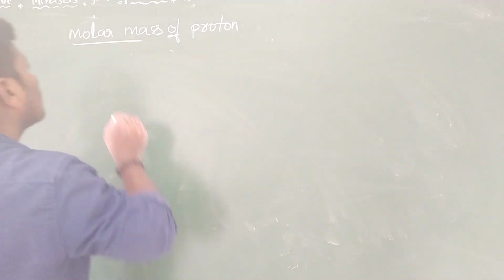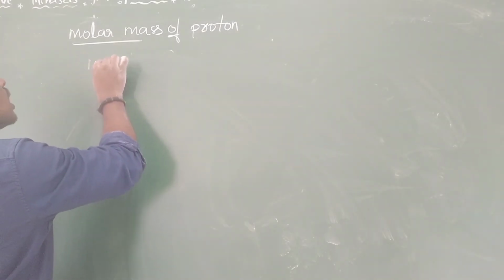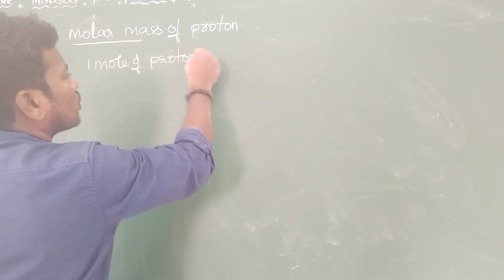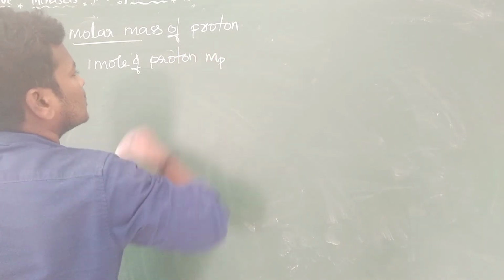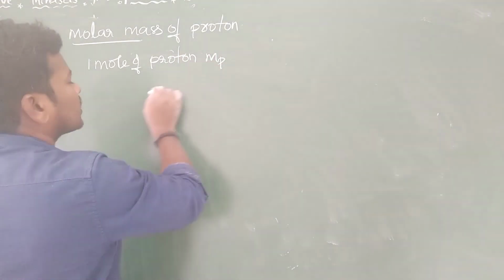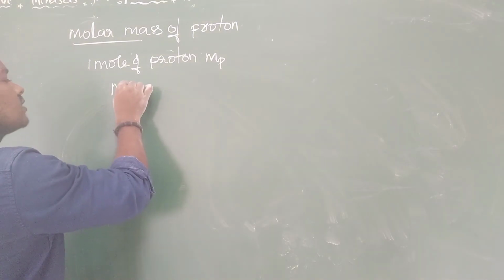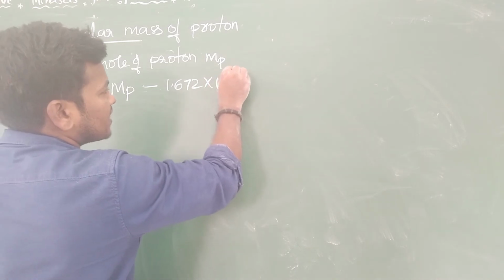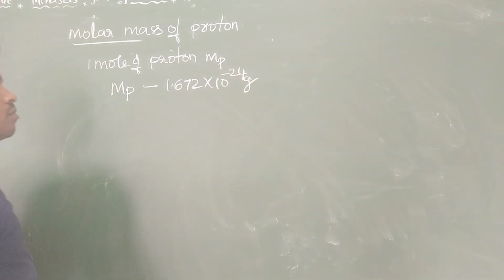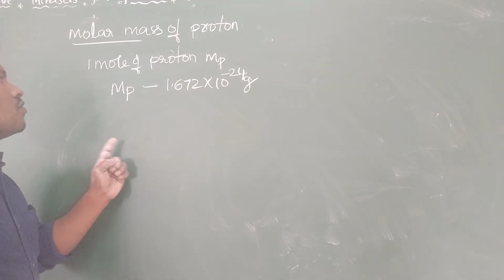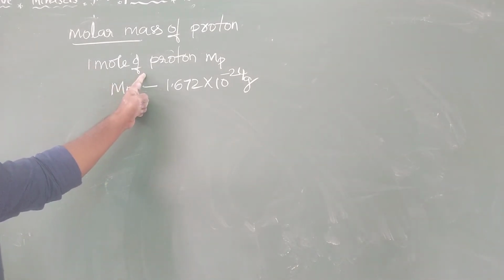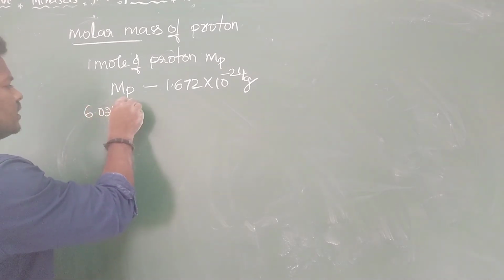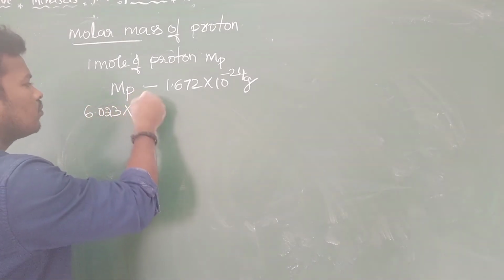Molar mass of the proton. This means what? The proton mass in 1 mole. 1 mole in the sense how many particles? Generally, the mass of a proton is 1.672 into 10 to the power of minus 24 grams. But here we want 1 mole of protons, which means 6.023 into 10 to the power of 23 protons.